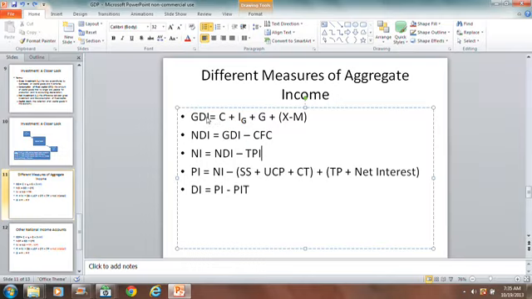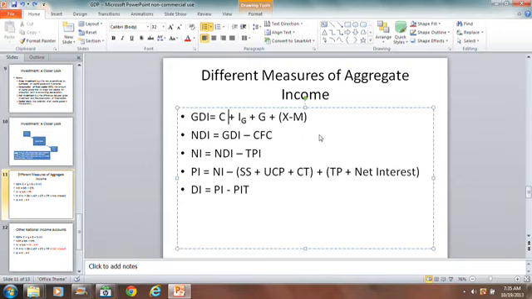So a clever way of calculating GDI would be to take the equation we use for GDP, C plus IG plus G plus X minus M. I'm using IG, or gross investment, now, since we've learned that gross investment represents new expenditures. So GDI is the same as GDP, so I would just use the equation for GDP, and that would give me a quick way of measuring GDI.